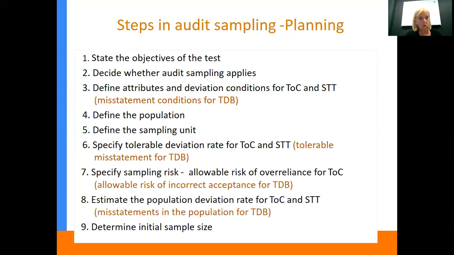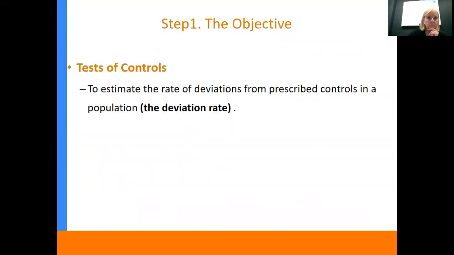Now I want to go through each of those steps so you understand what they are. The first thing is the objective. If I'm doing a test of control, the objective of this test is to estimate the rate of deviations from the prescribed control, and that's what we call a deviation rate.